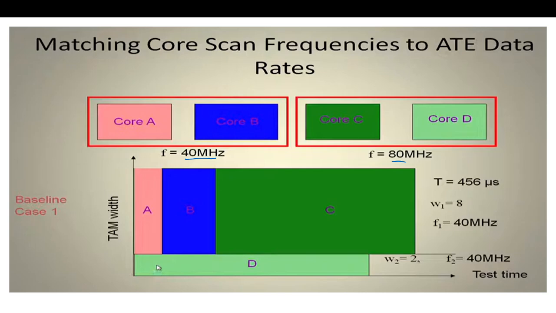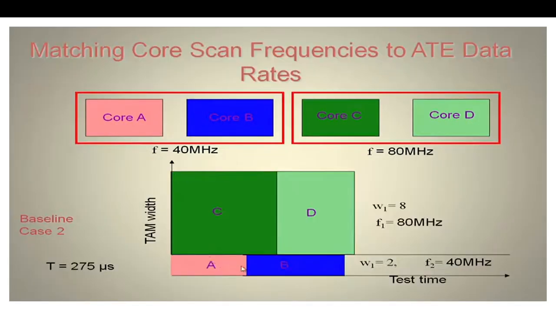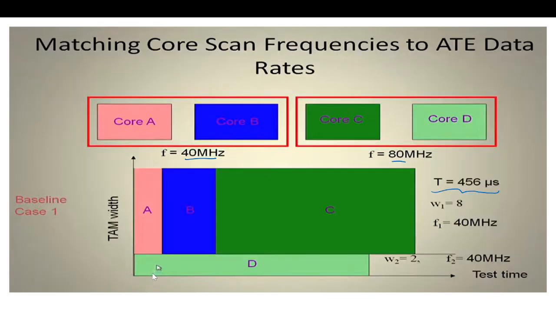Now, if we consider baseline case one, where we have only 40 megahertz, we schedule like this and we get the time to be 456 microseconds. Now, if we have two channels with 80 and 40 megahertz, we can see that the time is reduced to 275 microseconds, almost half.